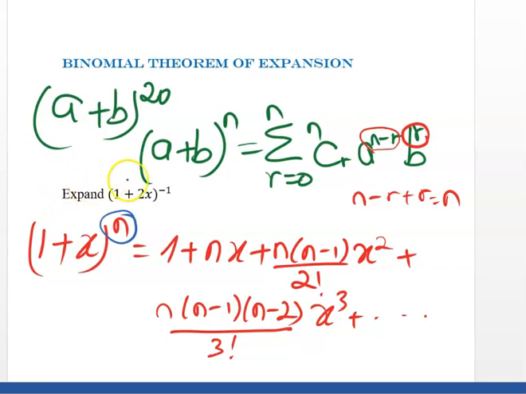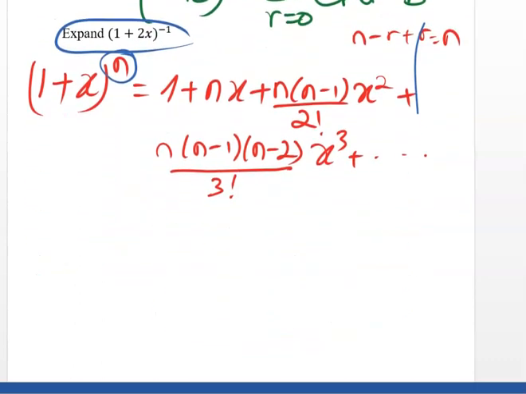Now we have this example with us. Expand (1 + 2x) to the power negative 1. How do we proceed?